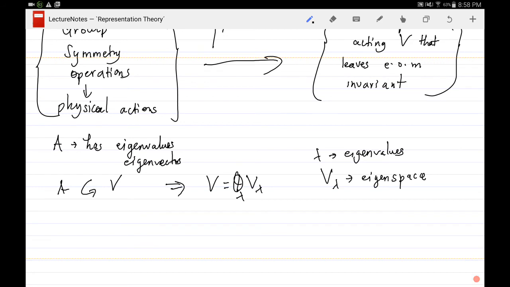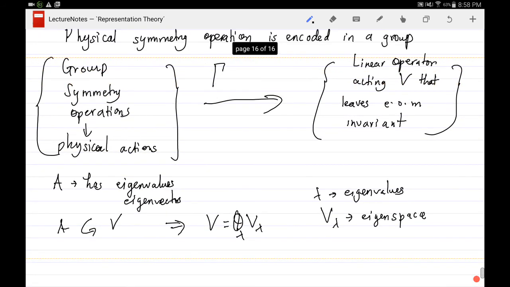So if I go back up, I have my group, which encodes my symmetry operations. There is this representation which maps the symmetry operations to some linear operator that acts on a vector space. This linear operator will act on this vector space, and it will have the effect that it will leave my equations of motion invariant.